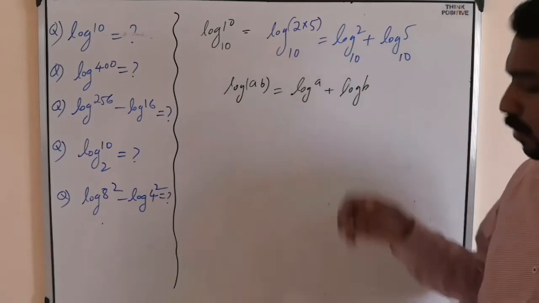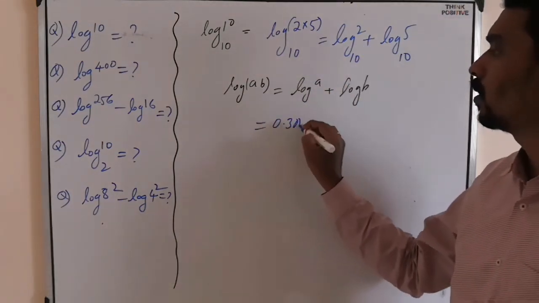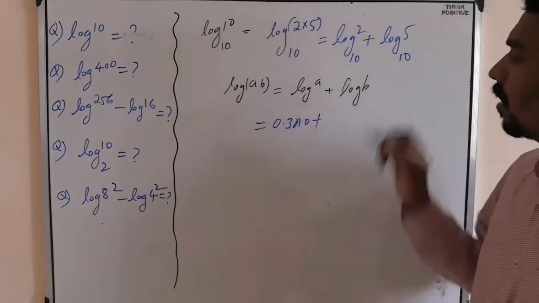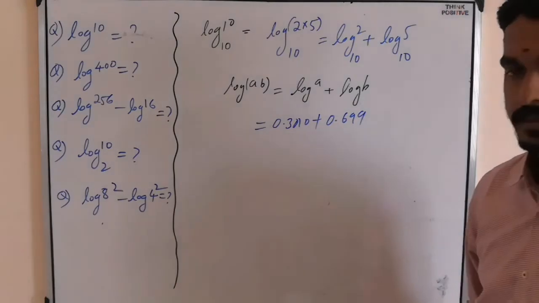Log 2 base 10, how much? 0.3010, plus log 5 base 10, how much? 0.699.